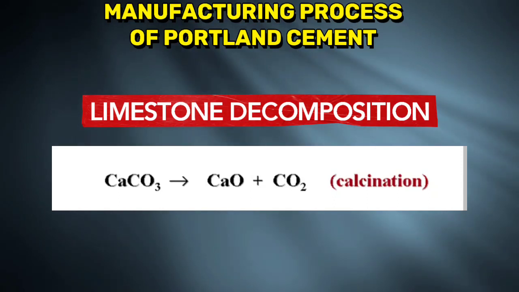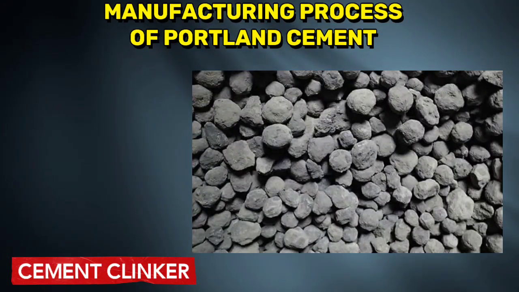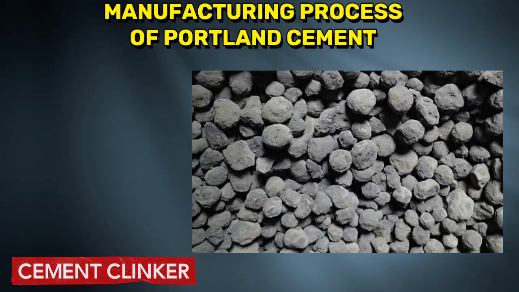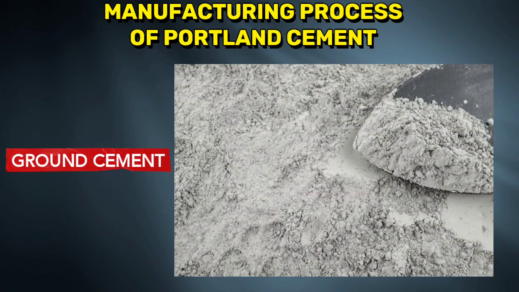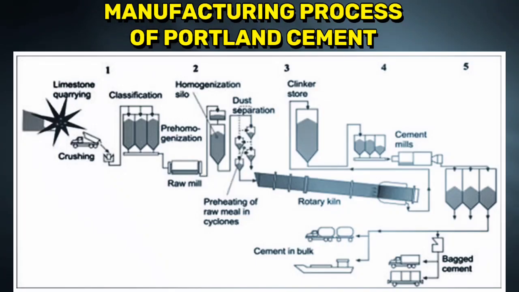The resulting hard substance from the kiln is called the clinker. The clinker is then ground with a small amount of gypsum, which helps to control the setting time. It is ground into powder to make ordinary Portland cement, the most commonly used cement for general construction work.